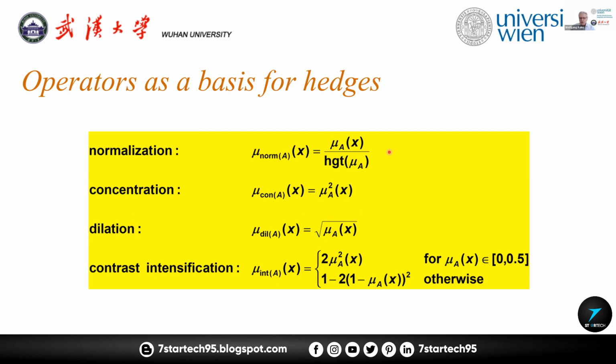And of course, we can normalize every fuzzy set by dividing the membership values by the height of the fuzzy set. Assuming in the fuzzy set, the greatest membership value is 0.8, then 0.8 is the height, and 0.8 divided by 0.8, of course, is equal to 1.